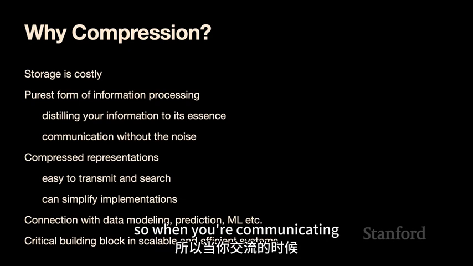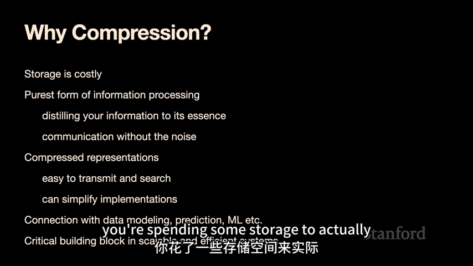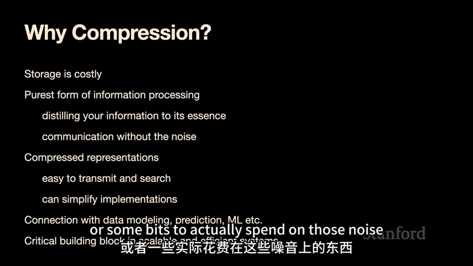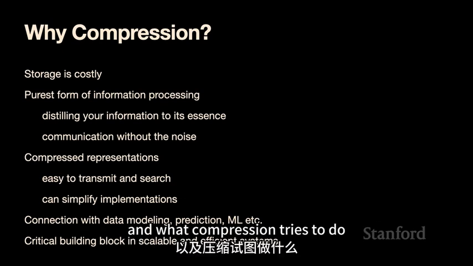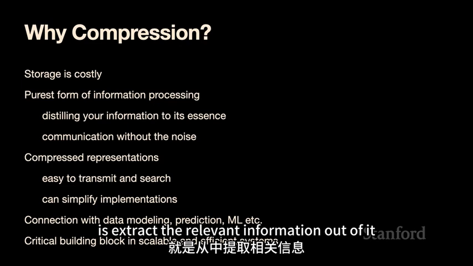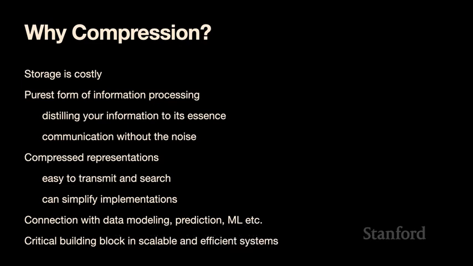So when you're communicating, maybe you are adding some noise, and you are spending some storage, or some bits, on that noise. What compression tries to do is extract the relevant information out of it. Okay?